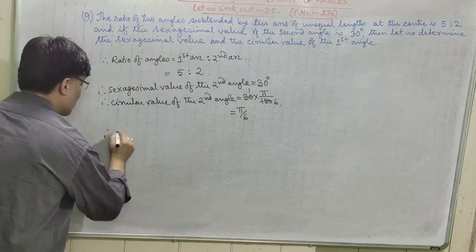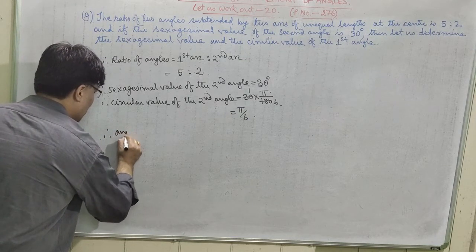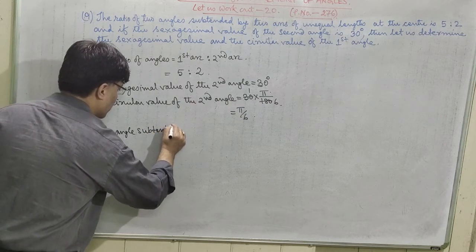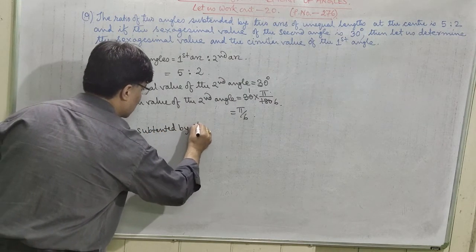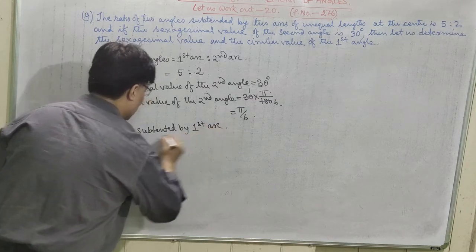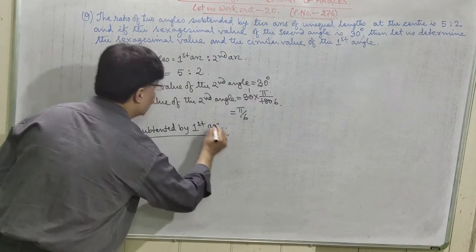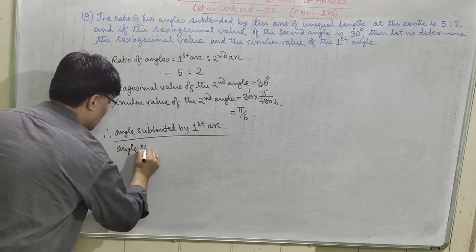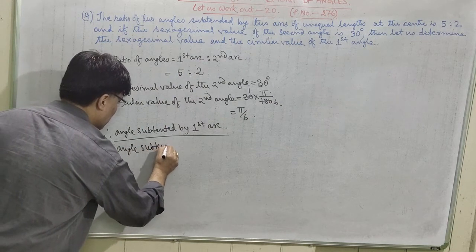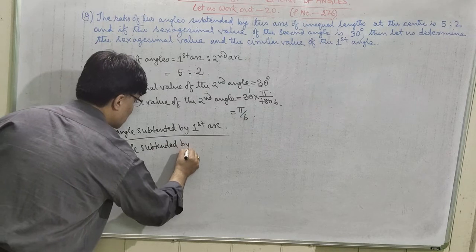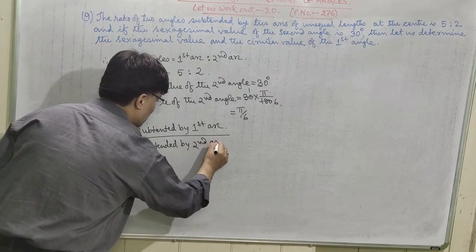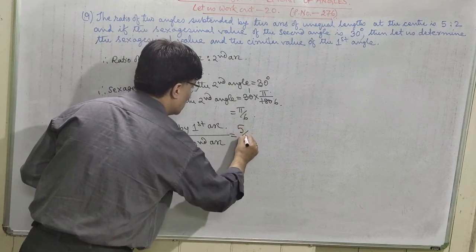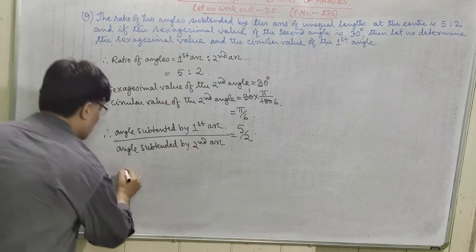Now, therefore, the angle subtended by the first arc divided by the angle subtended by the second arc, it is given in the question, is equal to 5 upon 2.